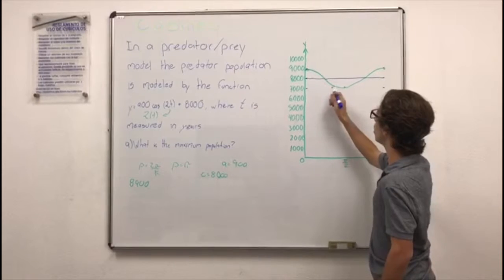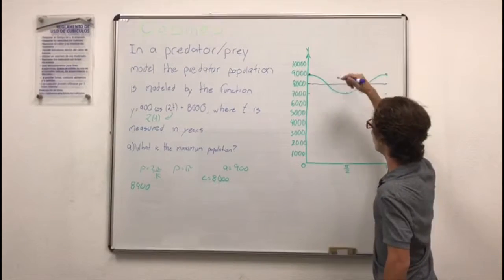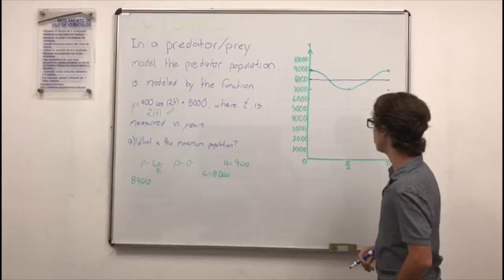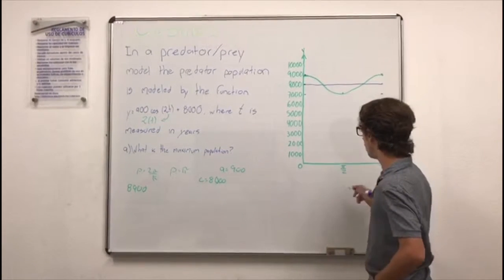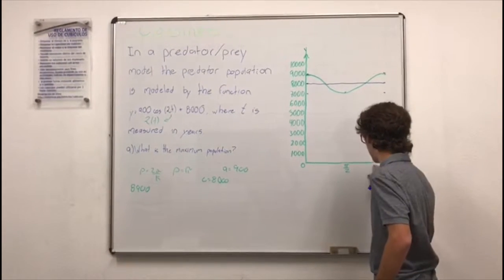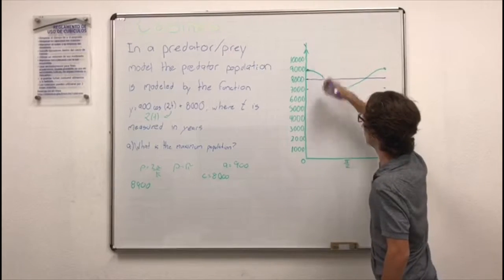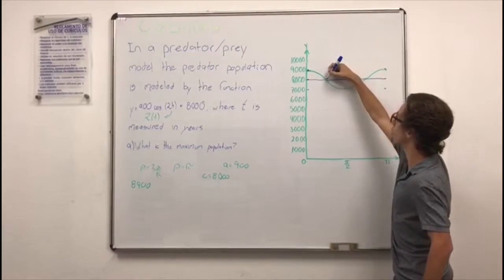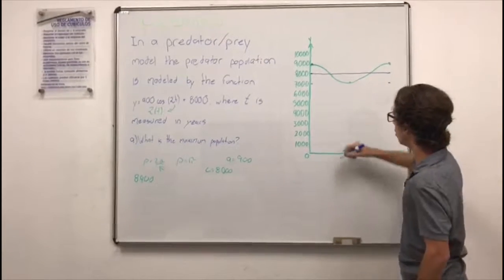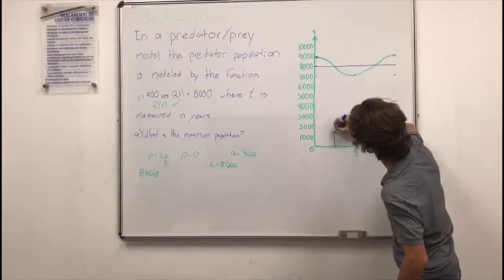Now, given the amplitude, we know that in p divided by 4 years, which I'll get to later, we will have 8,000 predators here. So this is a line here, just not to confuse ourselves.